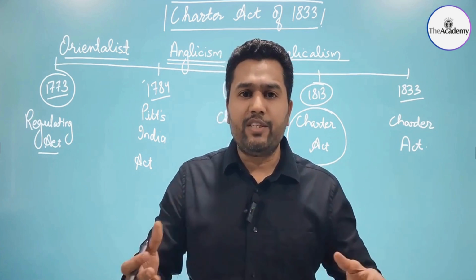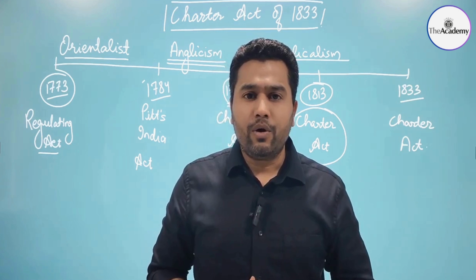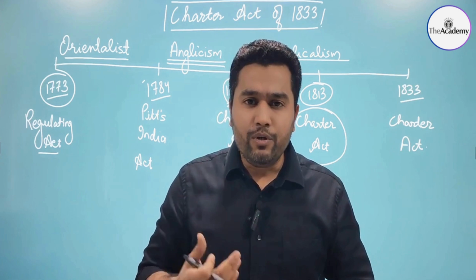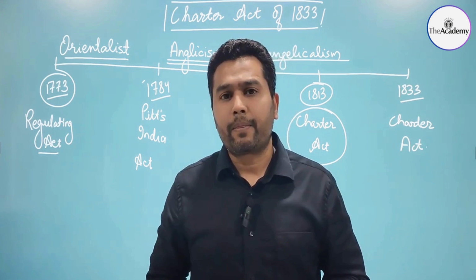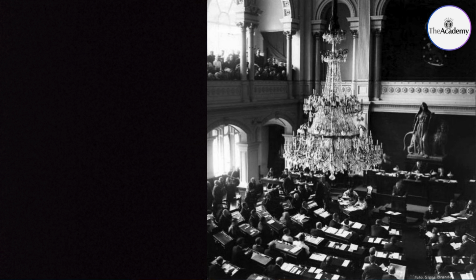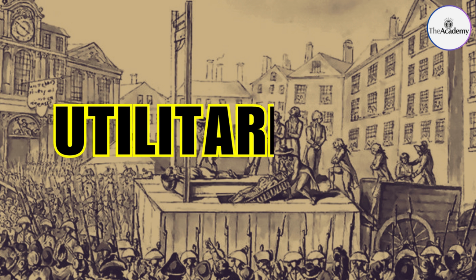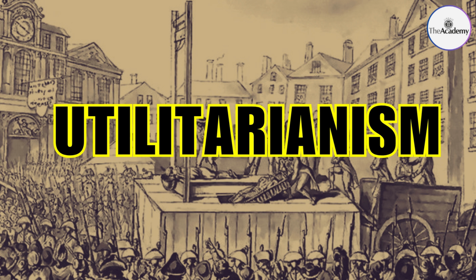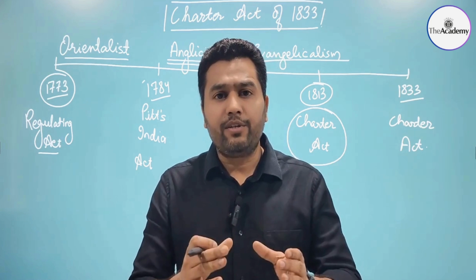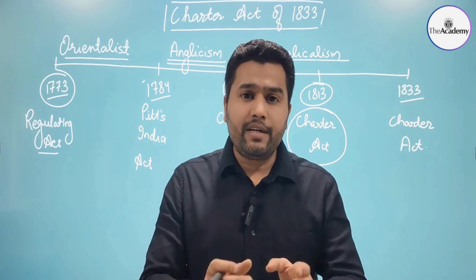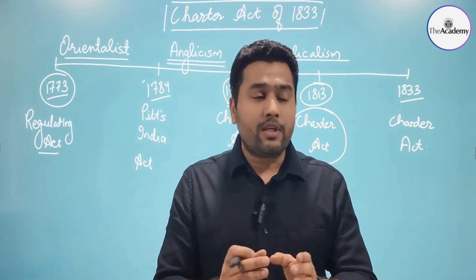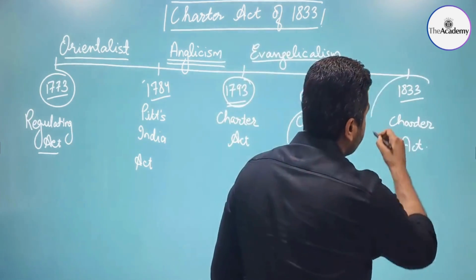There was enfranchisement of new sections of society. There were upholding of ideas of liberalism, utilitarianism, and this Reform Act of 1832 also greatly influenced the Charter Act of 1833.